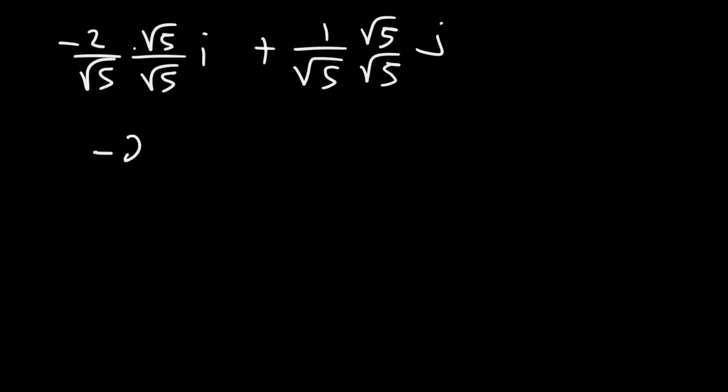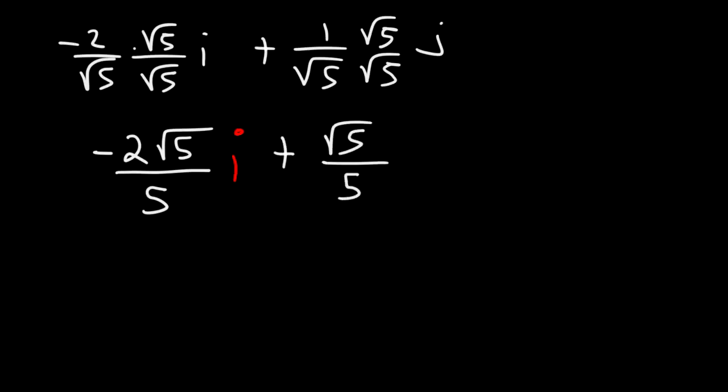And so we're going to get negative 2 square root 5 over the square root of 5 times the square root of 5 is the square root of 25. And the square root of 25 is 5. So this is the x component. And then plus, this is going to be square root 5 over 5.